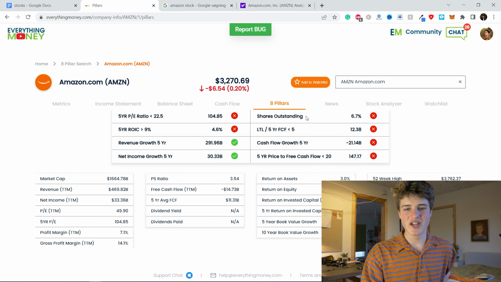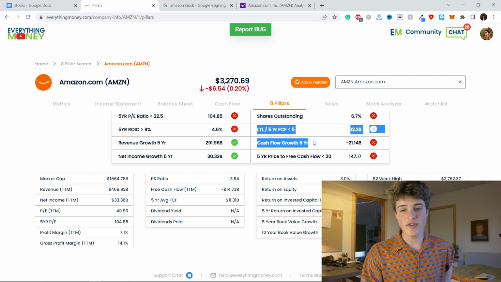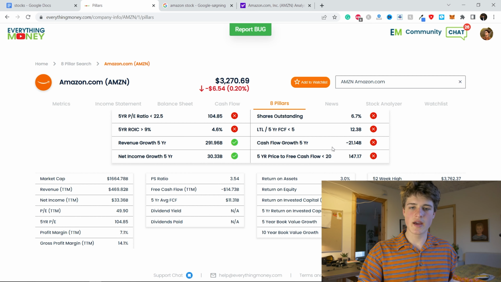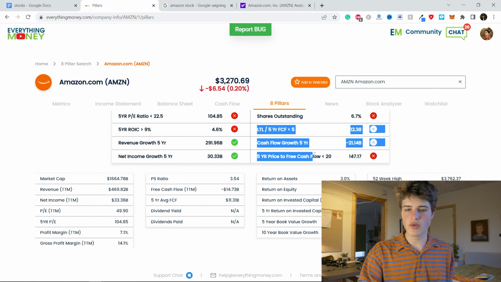But their shares outstanding has went up 6.7%. They've been diluting their shareholders. Their long-term liabilities divided by their 5-year free cash flow is much higher than 5. But again, these last 3 here have to do with the cash flow, right?